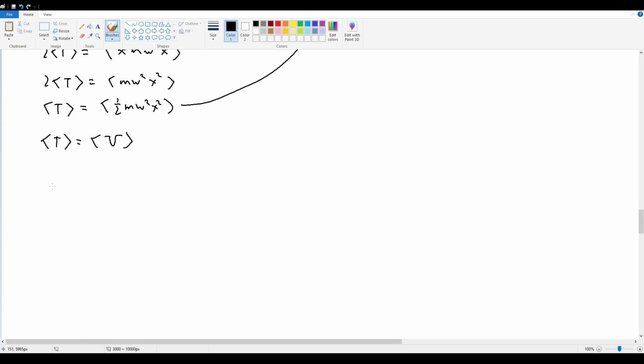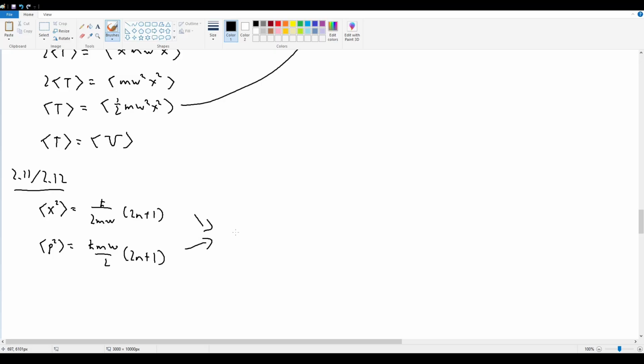And what you found in 2.11 and 2.12 was basically that the expectation value of x squared is equal to h bar over 2m omega times 2n plus 1, and the expectation value of p squared was equal to h bar m omega over 2 times 2n plus 1, where both of these are for psi n of the simple harmonic oscillator.